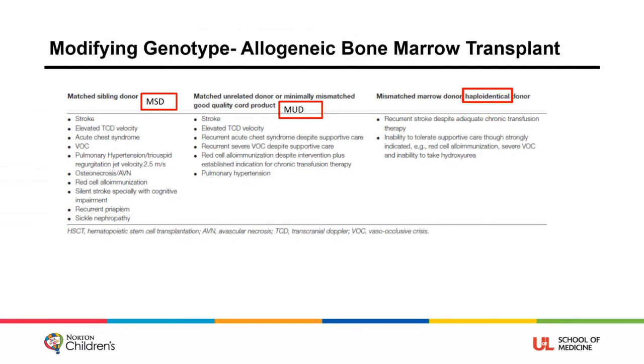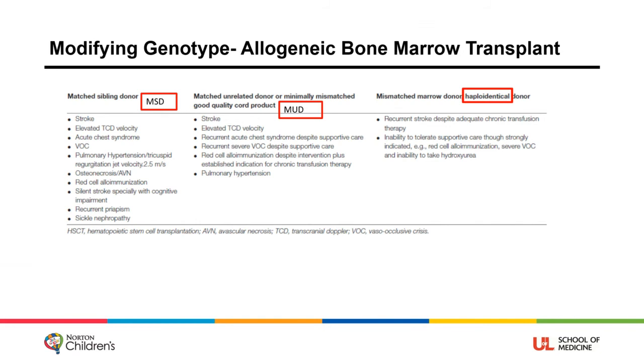As new transplant modalities emerge with less transplant-related mortality, better immune modulators to prevent GVHD, and less graft rejection, accepted indications for transplant have become less restrictive.